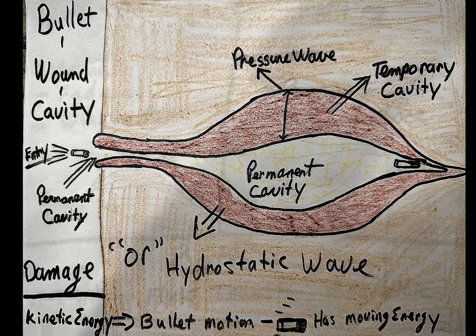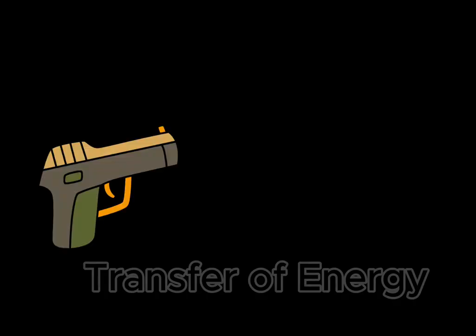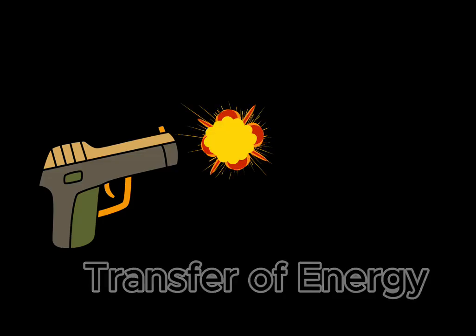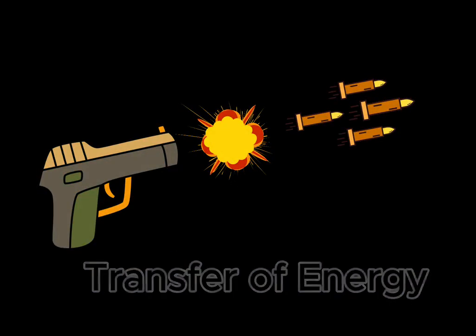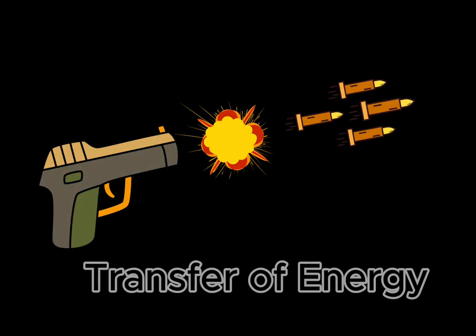Now remember, we defined kinetic energy as velocity plus mass. Now, as the bullet starts moving across the tissue, that's where the bullet transfers its energy. That transfer of energy is going to cause what we call a pressure wave, what you see in red around the permanent cavity.